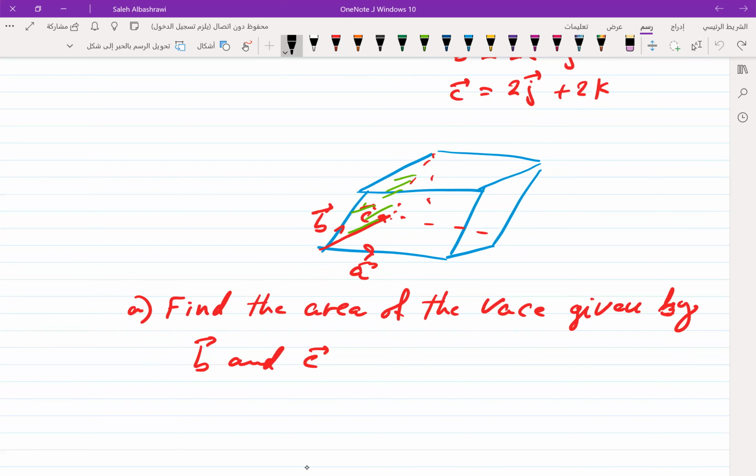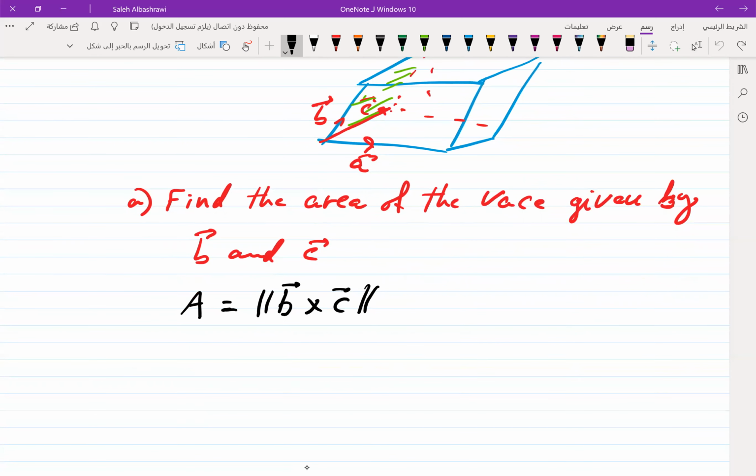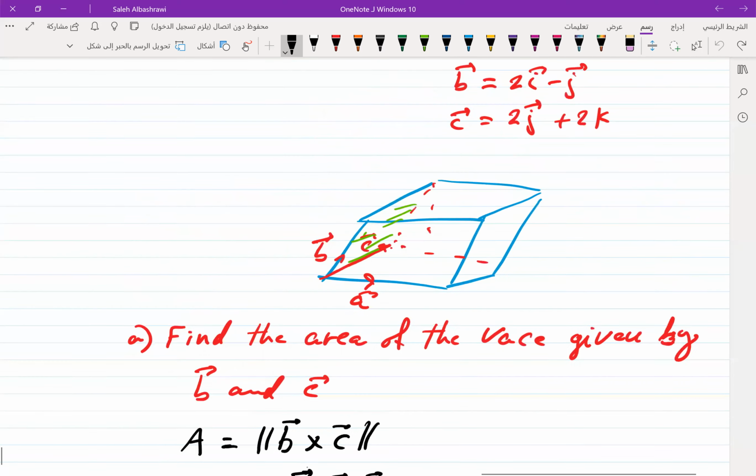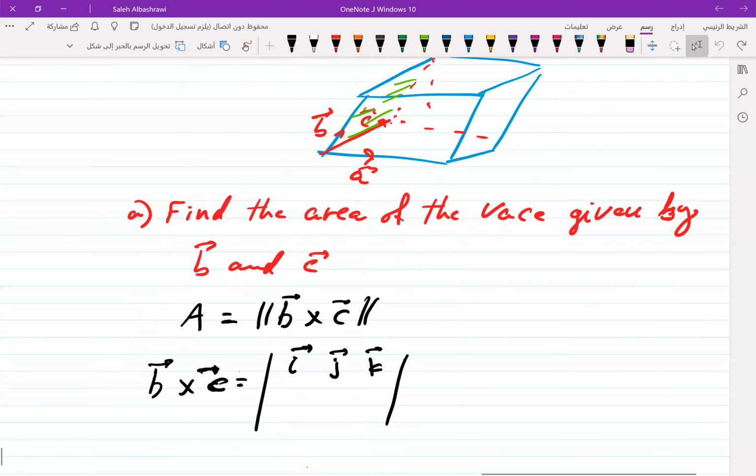So the area in this case is equal to the magnitude of B cross C. So I need to find the cross product of the two vectors B and C. B cross C is equal to: B is given by 2i minus j, so it is 2, minus 1, and there is no k, which means it is 0.